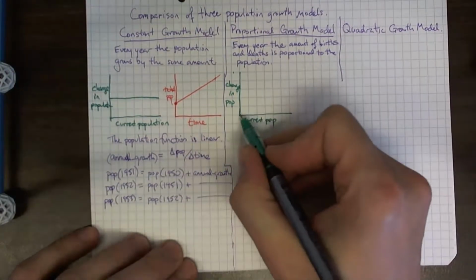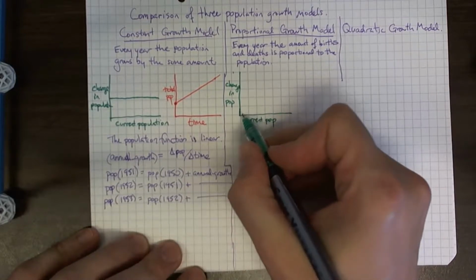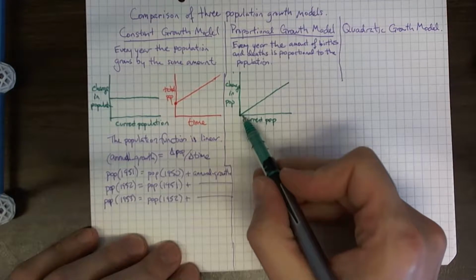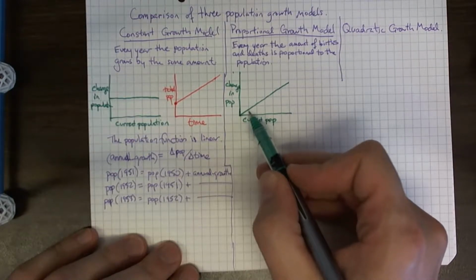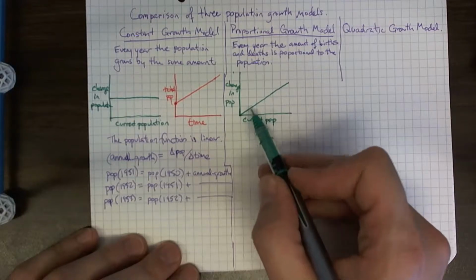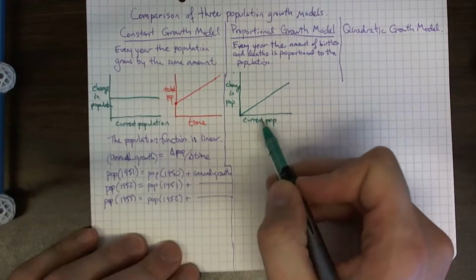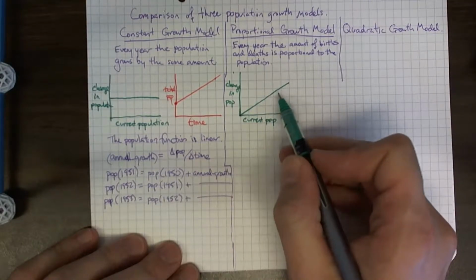All right, so what this proportional growth is saying is that if there are 10 people in your city and you have 1% growth, well, that's taking 1% of 10 and it's adding one person. But if you have 1,000 people and you take 1% of that, you would add 100 people.